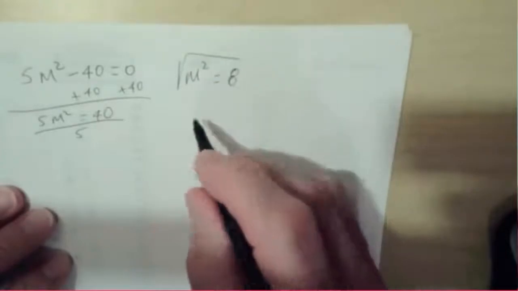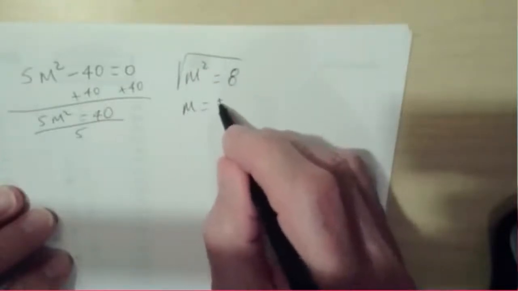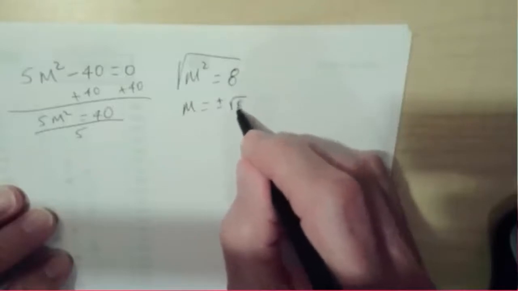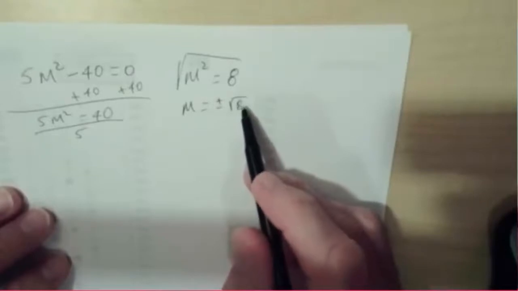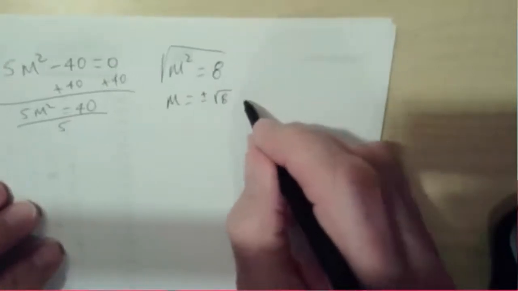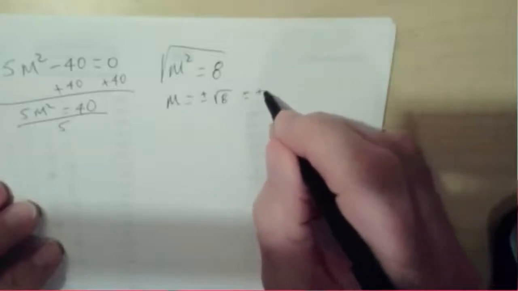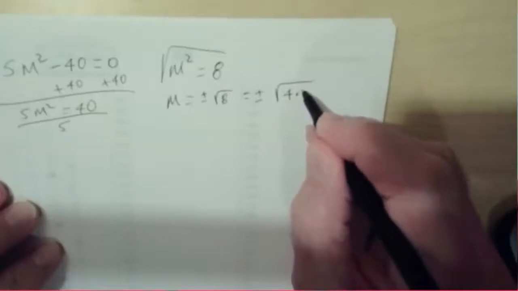Now, so we take the square root. So m equals plus or minus the square root of 8. Now 8 we can factor. What are the factors of 8? Well, one of them is a perfect square. This equals plus or minus the square root of 4 times 2.